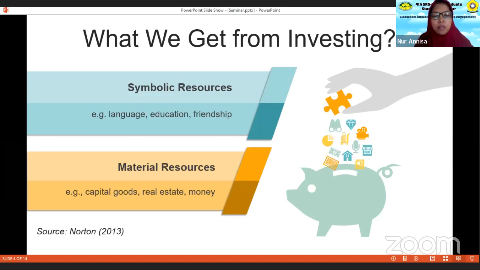An example of symbolic resources that a learner can get is a scholarship or higher education for mastering the language, and they can also communicate with other people around the world, so they can make friends from it. In material resources, they invest in language because they want a better position and to advance their salary and social status.